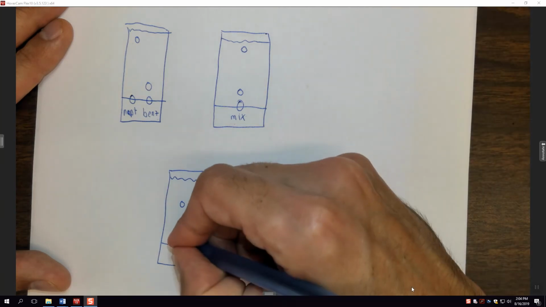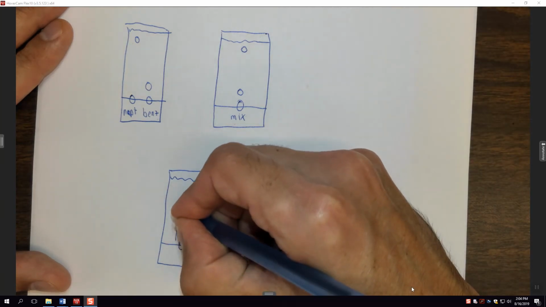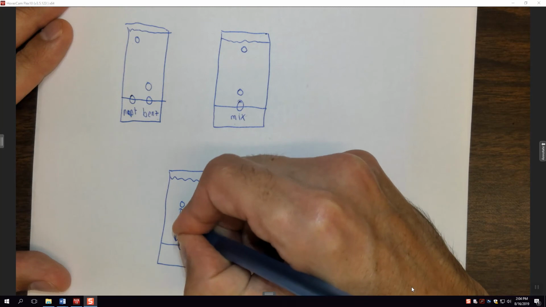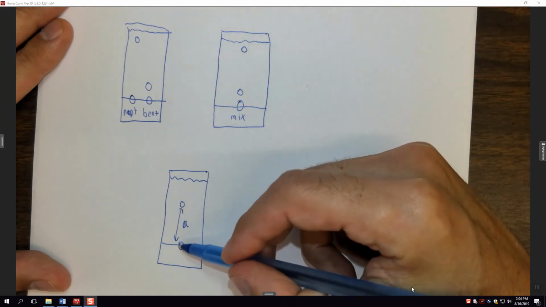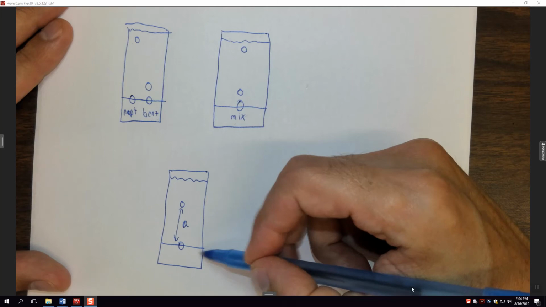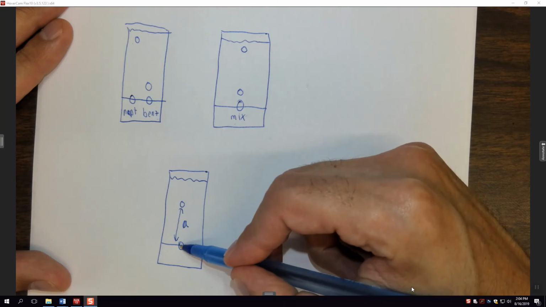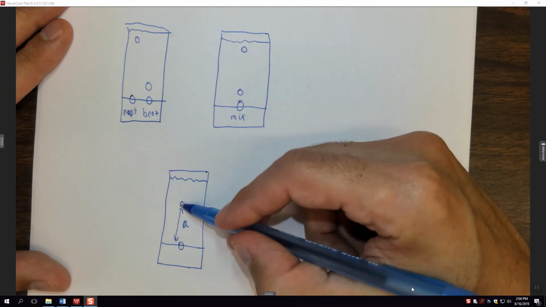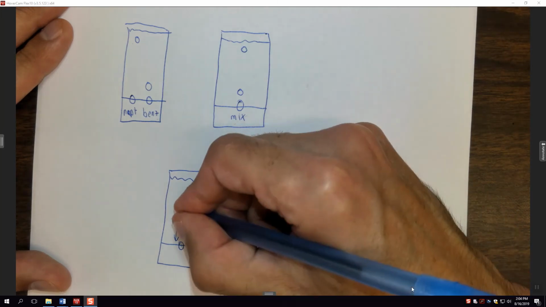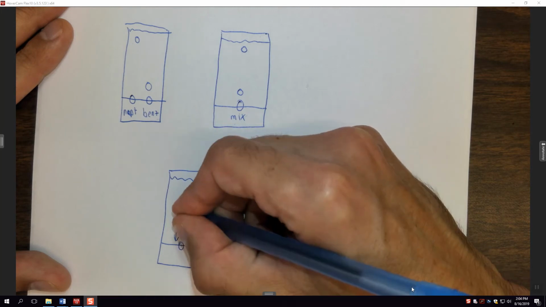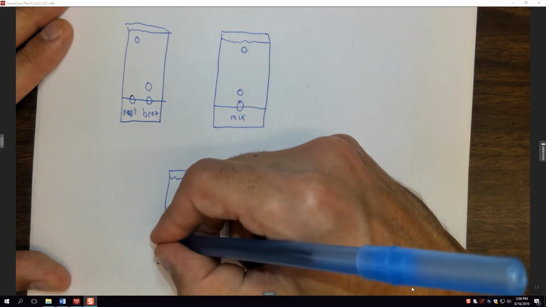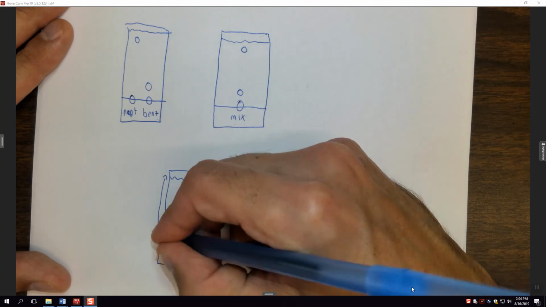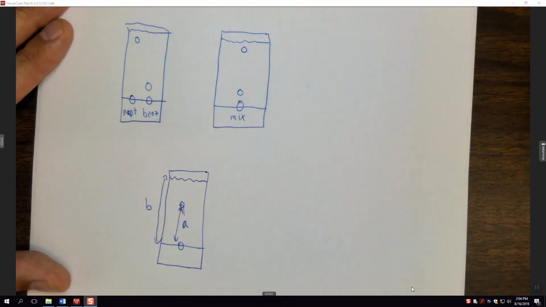We'll call the distance that the spot traveled A. Normally you would measure from the line you make across your TLC plate before you place the spot, which again has to be done in pencil, to the center of the spot, which is kind of hard to show here, but it should be to the center of the spot. And we'll call the distance that the solvent traveled from here to here B.